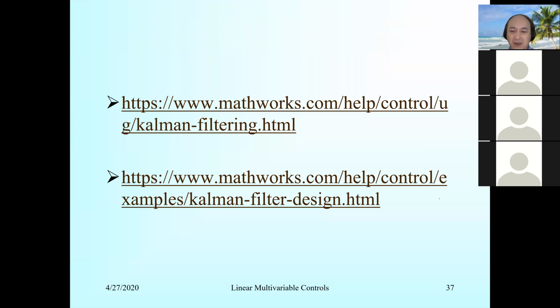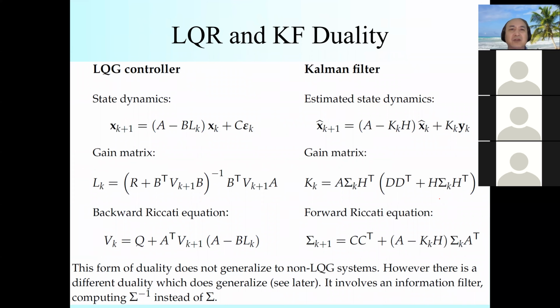So I hope you can see the LQR and Kalman filter duality here. This is a very clean slide. You can see the state dynamics, then the observer. So this is LQG and this is the Kalman filter. You don't have a control, but you do something very similar.